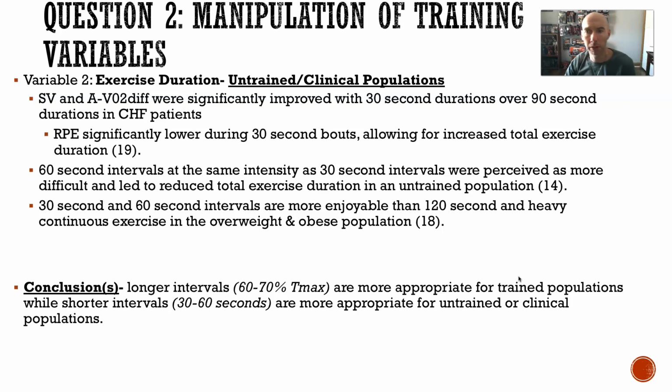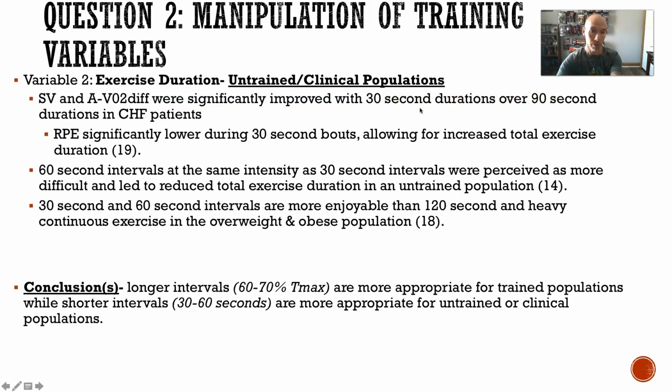Now, for the clinical population, that would be a huge challenge. That's going to be too long. So there were some studies that looked at the clinical population, and they found that a significantly shorter work interval was effective with those populations, as low as 30 seconds and not over 90 seconds. So somewhere in this range here would be recommended.